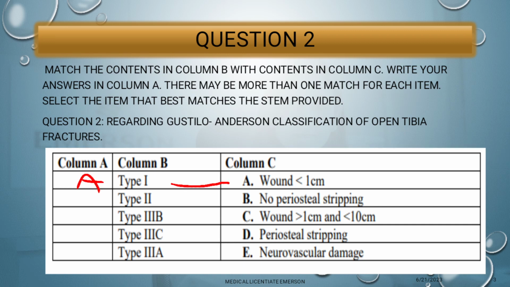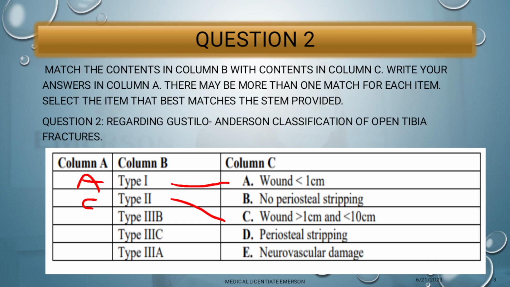For type 1, we have a wound which is less than 1 centimeter and there is mild contamination. Then type 2, we have a wound which is more than 1 centimeter but less than 10 centimeters and there is mild contamination.